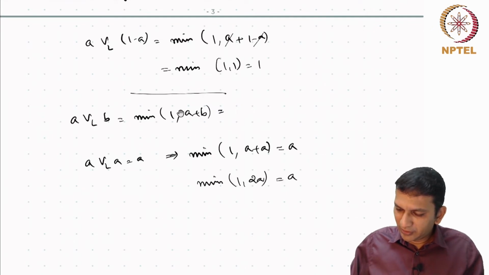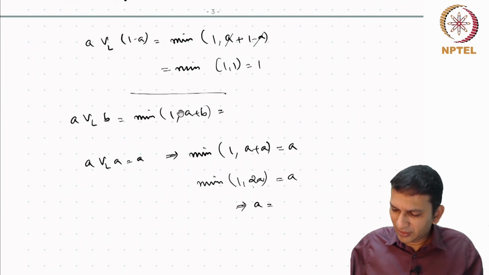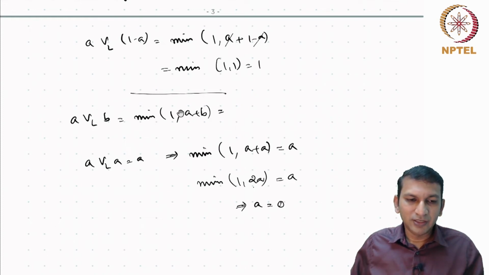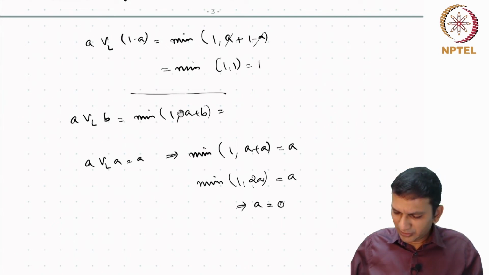Now the left hand side could either be 1 or 2A. If it is 1, then A is 1. If it is 2A, then 2A is A, which implies A actually has to be 0. So that means the only idempotent elements are 0 and 1. It means join is not idempotent.